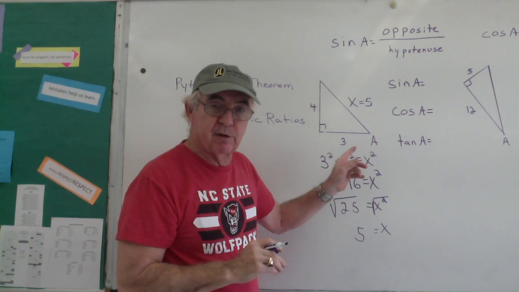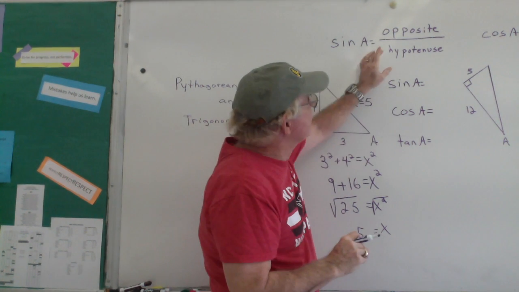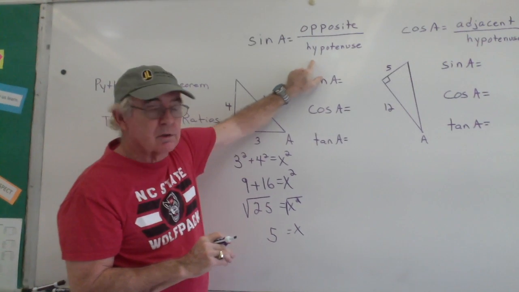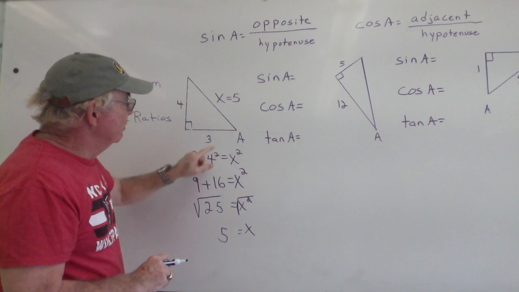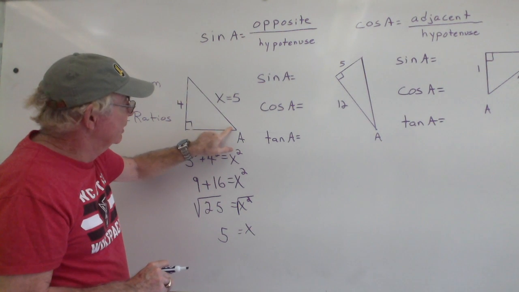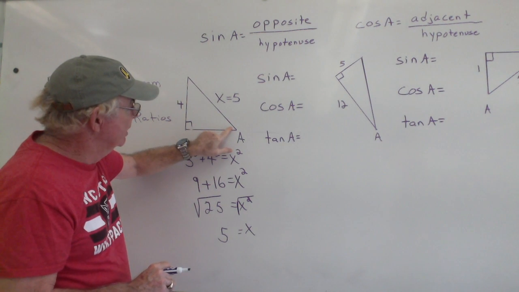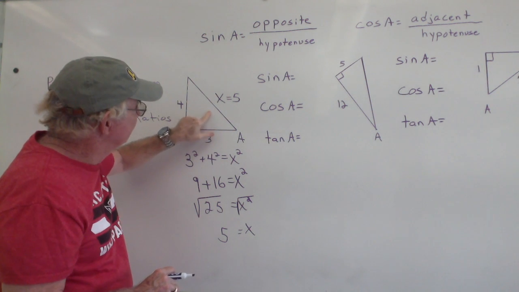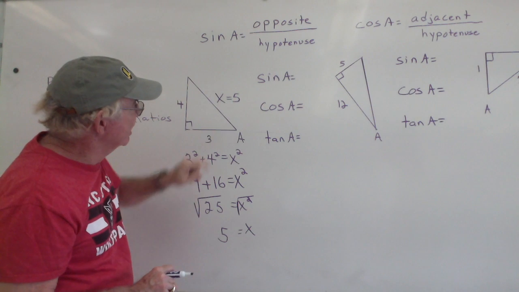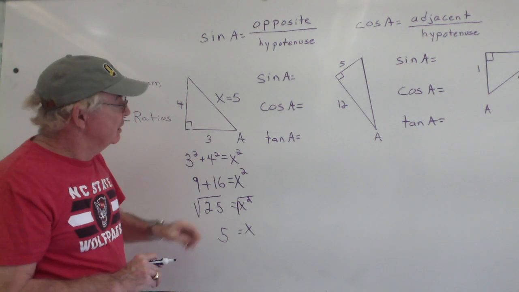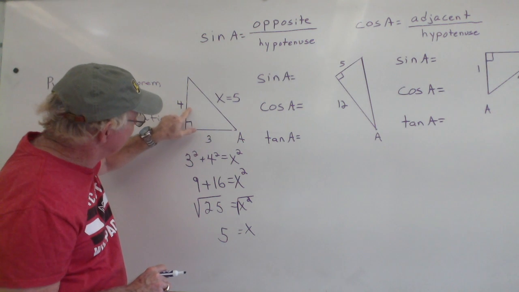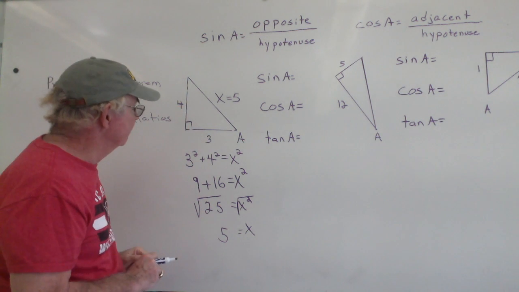Our first definition is the sine is the opposite over the hypotenuse. So we go to angle A. Let's review again. This side across from the 90-degree angle, across is always the hypotenuse. This side straight across from angle A is the opposite.